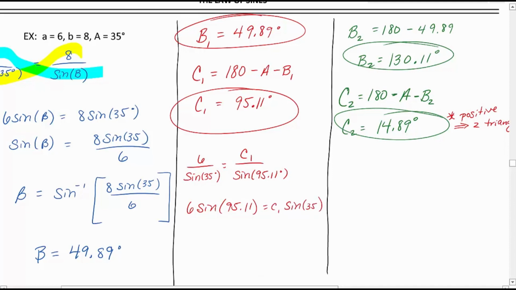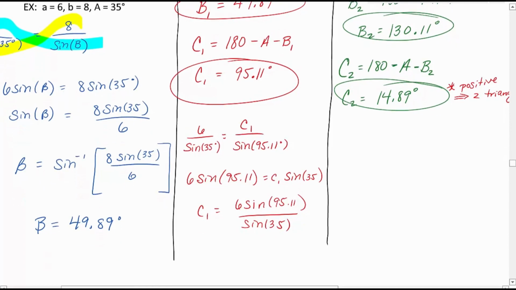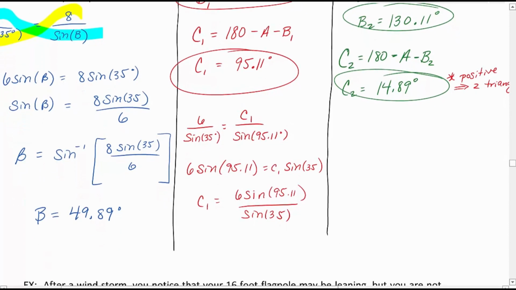And then we'll divide and get that C1 is 6 times sine of 95.11 divided by sine of 35. We'll plug this into our calculator. Rounding to the nearest hundredth, C1 is 10.42, and our unit is yards.